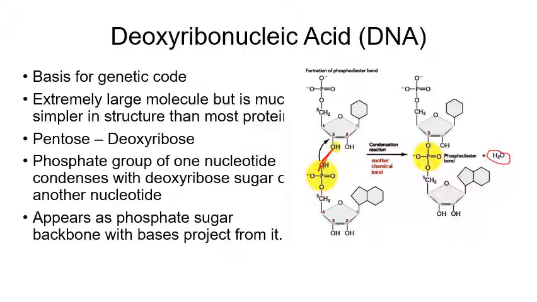And now we're making the strand. You can see the strand there. The backbone of the ladder is phosphate and deoxyribose, and here is the base sticking out, making the rungs.